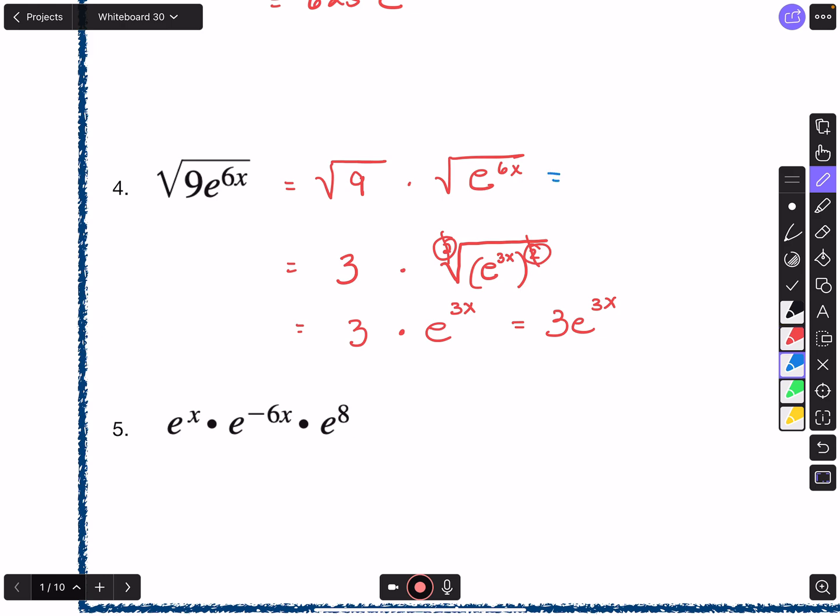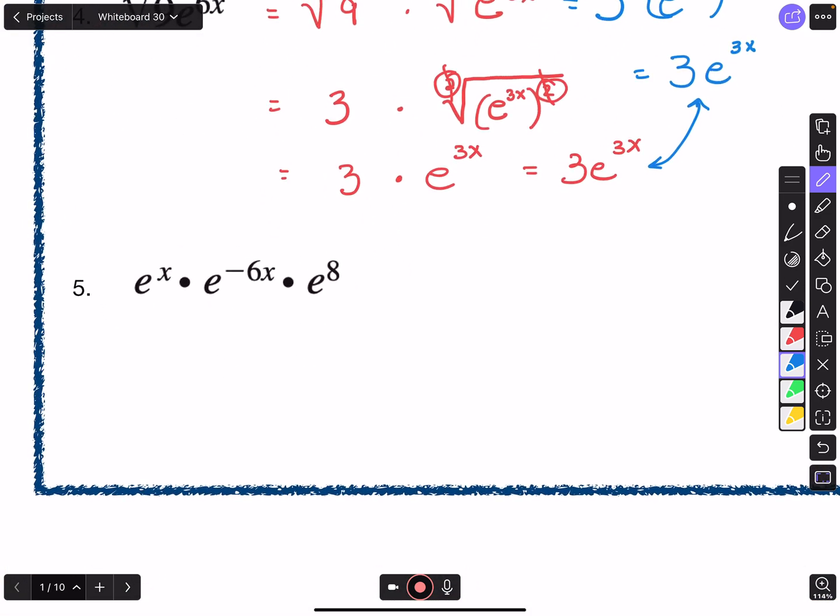Up here I still separated, this is 3, and then I could think of e to the 6x as e to the 6x to the 1/2 power, because a half power means to square root it, in which case I get 3, and here's the power to a power rule. 6x times a half is 3x. So you get the same answer either way you do it.